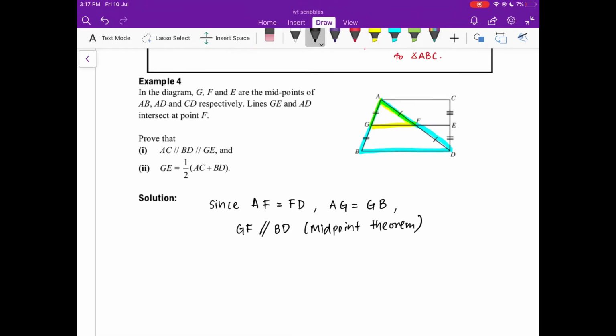Next, we take a look at another triangle. The next triangle that we take a look at will be this triangle. So let me erase them first. We will take a look at triangle DFE and triangle DAC.